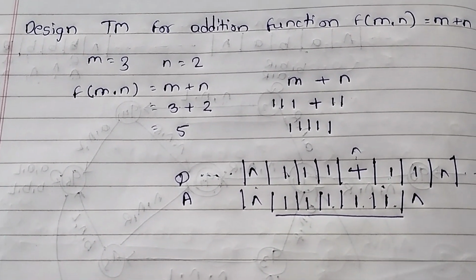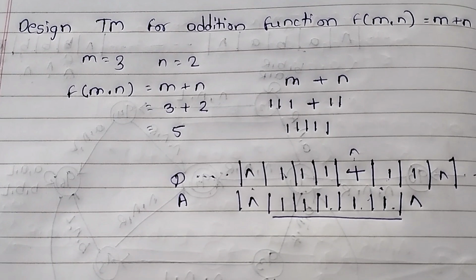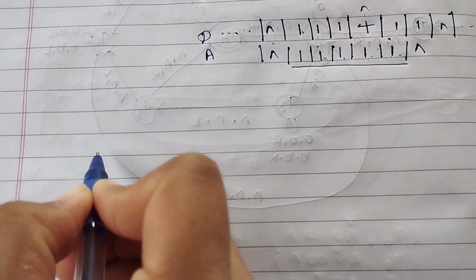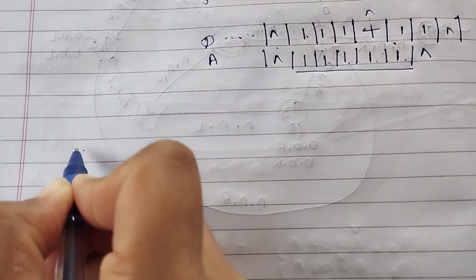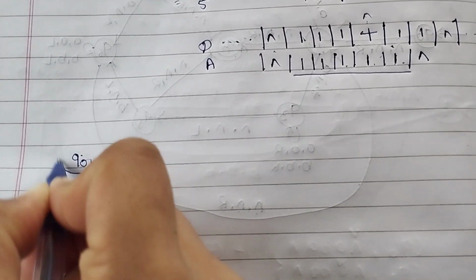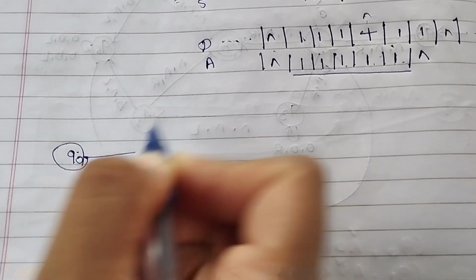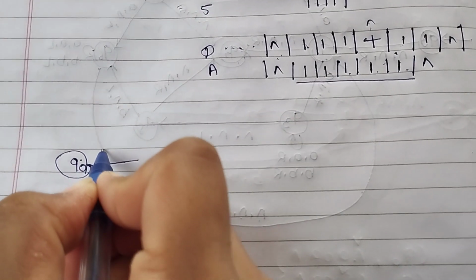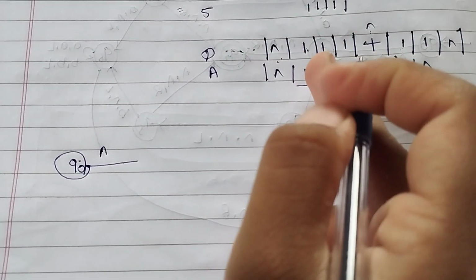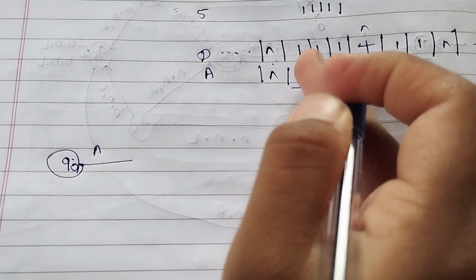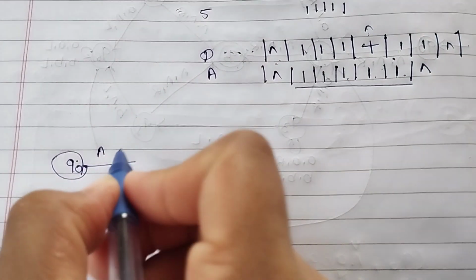Now let's start to draw the Turing machine. So initially at the Q0 state, we read the null value. So what we do, keep this null value as it is and move to the right side, travel to the right side.